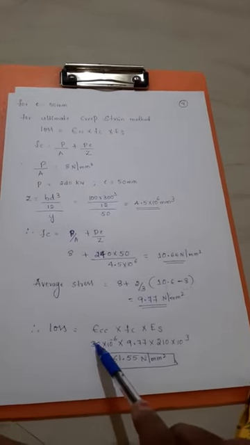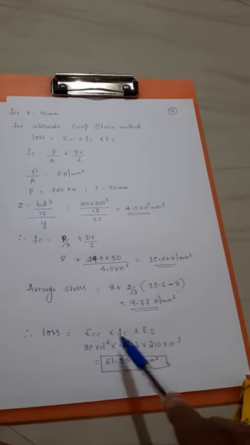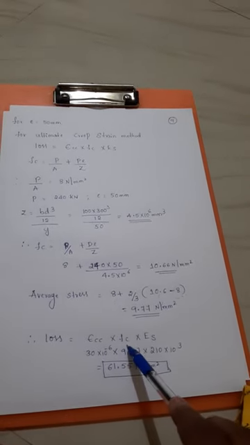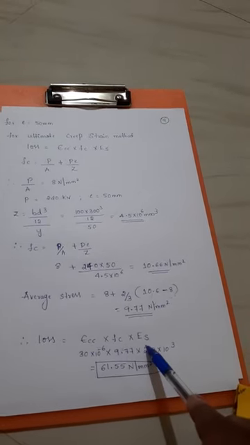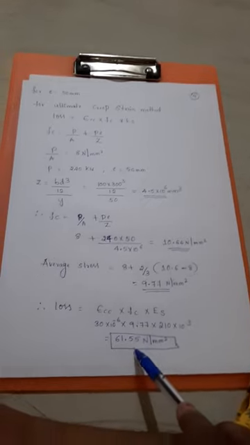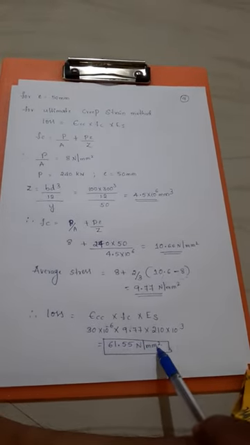So now you calculate your loss by ultimate strain method, that is epsilon cc, that is ultimate creep strain in concrete, into FC, that is nothing but your stress in the concrete at the level of steel, into Es, that is nothing but your Young's modulus of steel. Substitute all the values, you will get your value as 61.55 Newton per mm square.